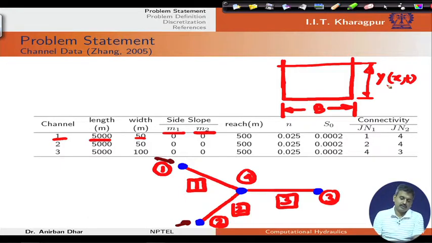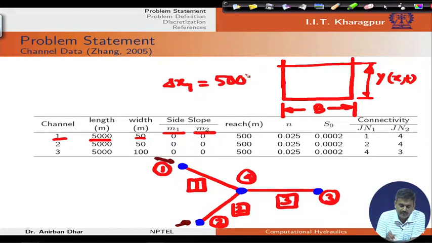Now, for channel reach, that means del x 1 for channel reach 1 is 500, del x 2, del x 3 all are 500 in this case.